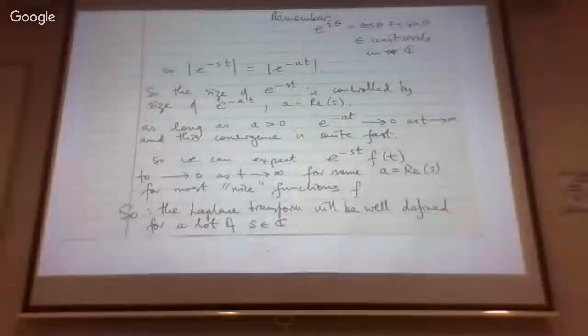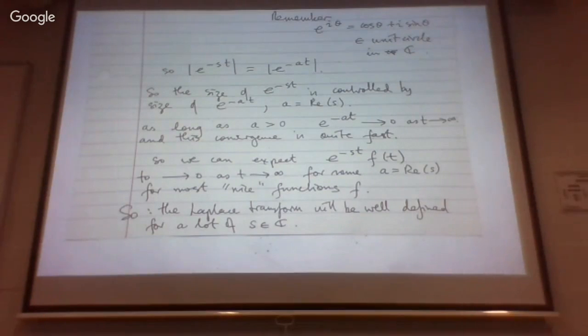Okay? So the Laplace transform mightn't be a well-defined function for all values of the complex variable s, but it will be for a lot of them in a half plane, for most nice functions, most of the nice kind of functions that we're going to consider. Okay?